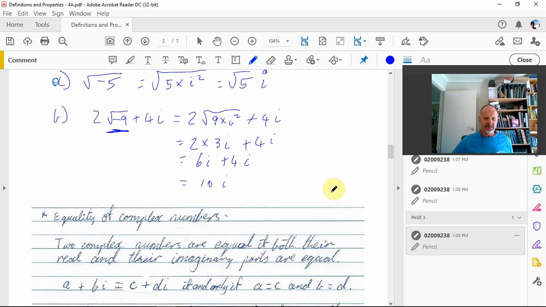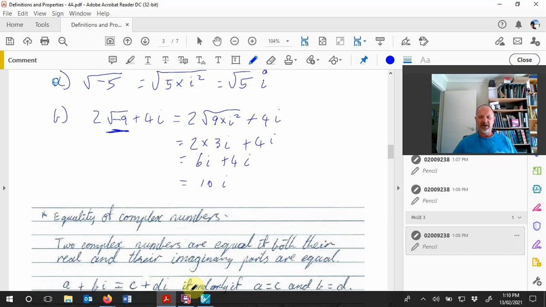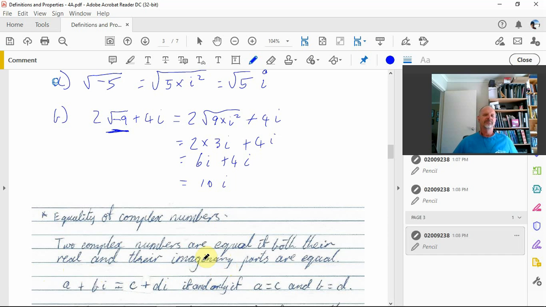Equality of complex numbers, so this makes a bit of sense, of course. If you've got two complex numbers that you're told are the same, a plus bi equals c plus di, then they're only going to be the same if and only if the real parts a and c are the same, and the imaginary parts b and d are the same.